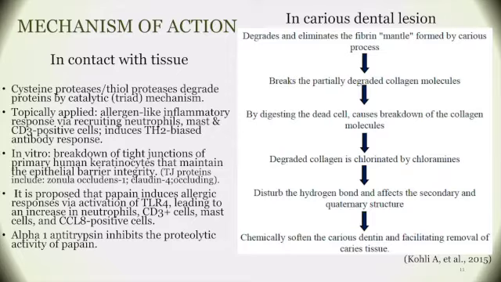So when they meet this alpha-1 antitrypsin, they just become inactive. That's the idea. And on the right side we can see a diagram which represents the mechanism of action for Papacárie, and at the end point we see that we obtain this softened dentin, which is possible to be removed with a curette.